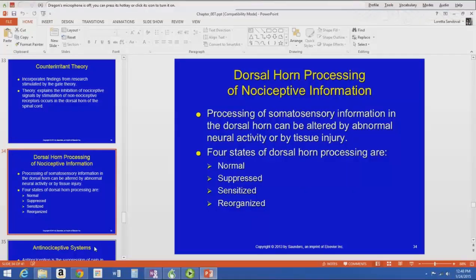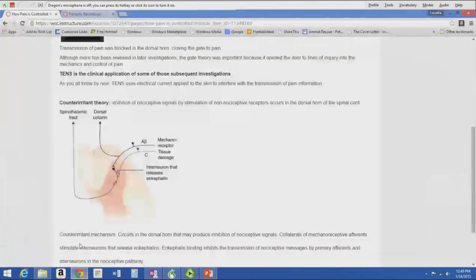So there are 4 states of dorsal horn processing: normal, we like those; suppressed, sensitized, or reorganized. We started talking about that in the last lecture, or the last part, when we were talking about the pain matrix. So we'll segue into anti-nociceptive systems in that light.